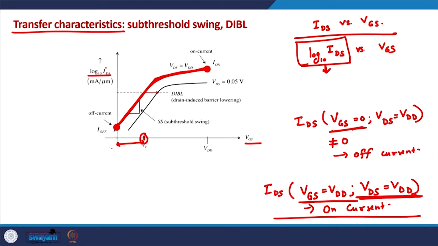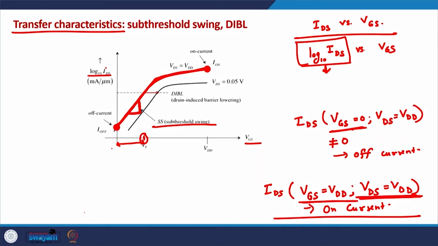As you can see in these sub-threshold characteristics, the slope of this characteristic very close to the threshold voltage is an extremely important parameter, which is known as the sub-threshold swing. It is also known as the sub-threshold slope.